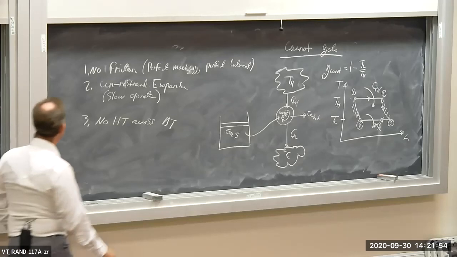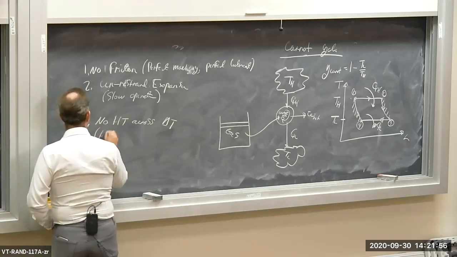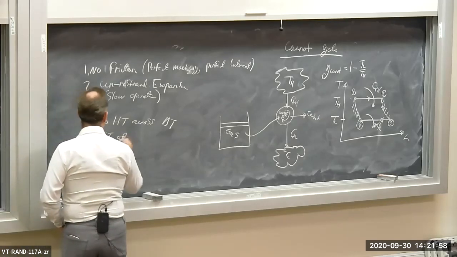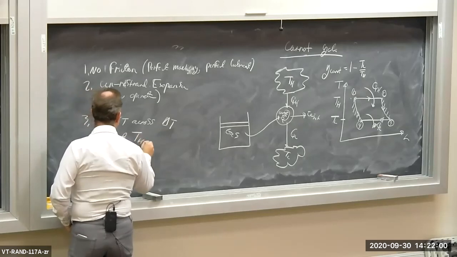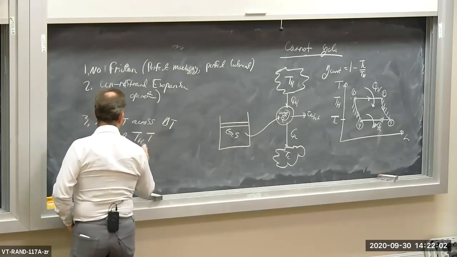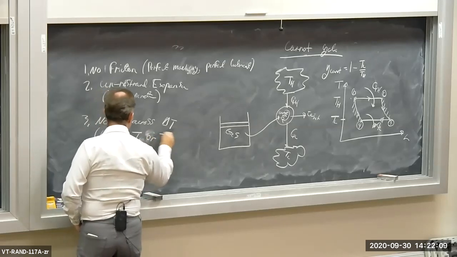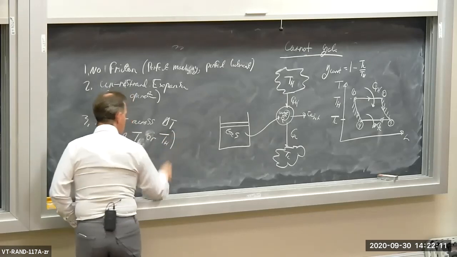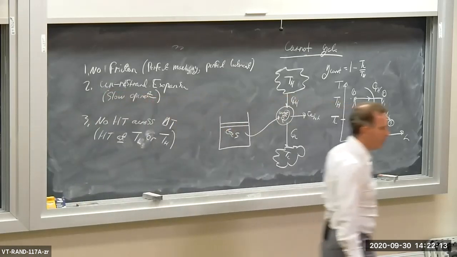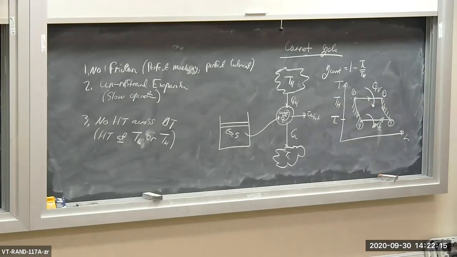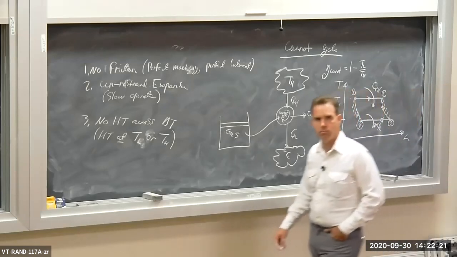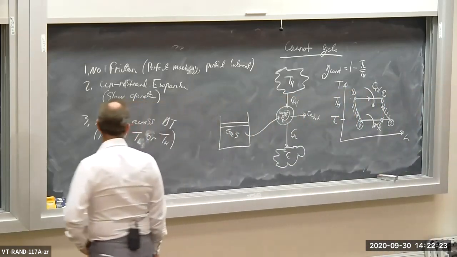That's why we have heat transfer at TL or TH. Heat's not going to flow very fast at all. It's slow, it doesn't produce much power, okay?